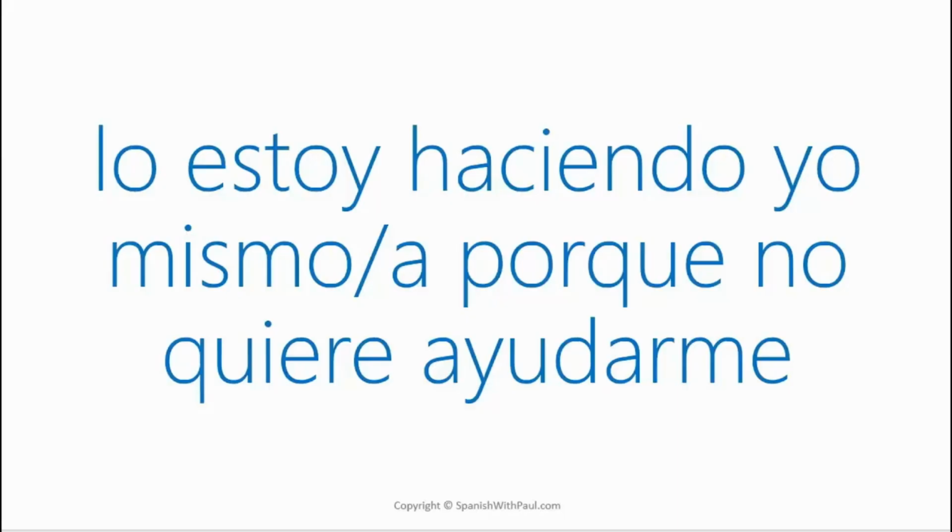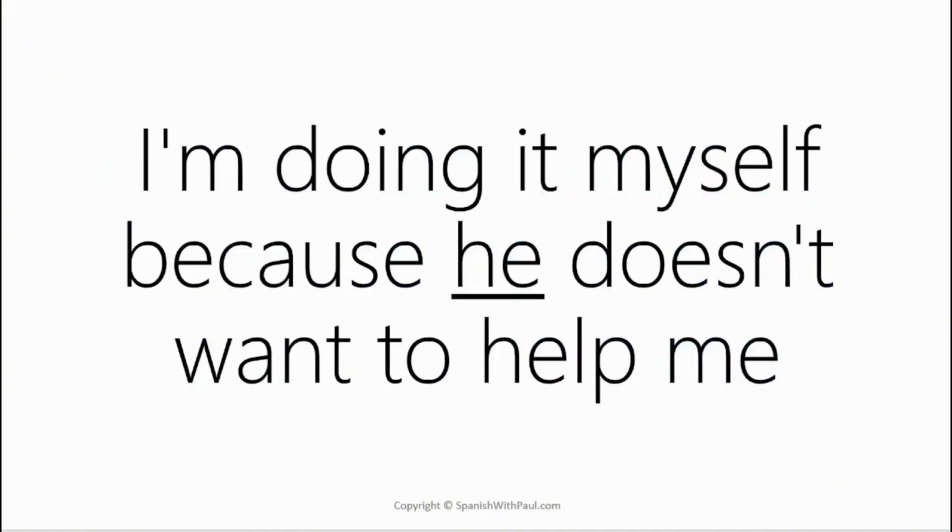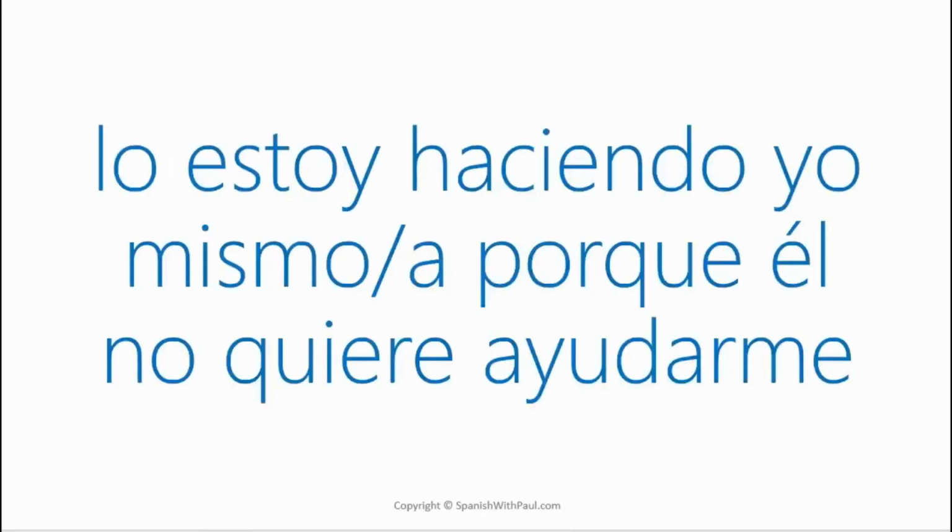If we wanted to take that same sentence, but this time we wanted to make the he explicit, how would you do that? Lo estoy haciendo yo mismo o yo misma porque él no quiere ayudarme.